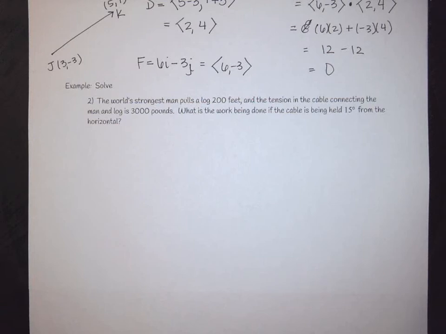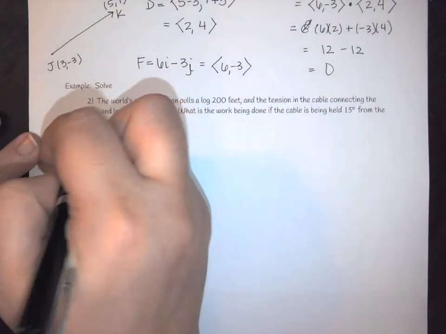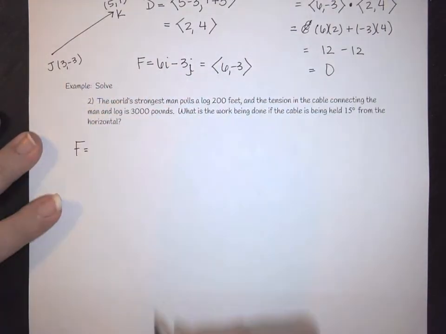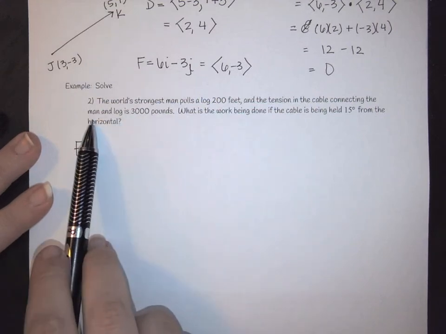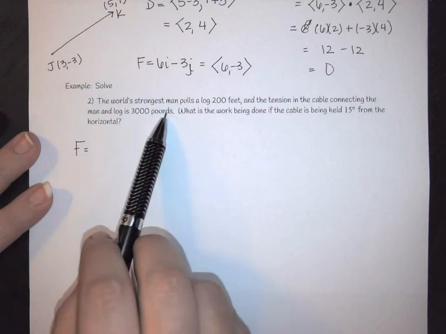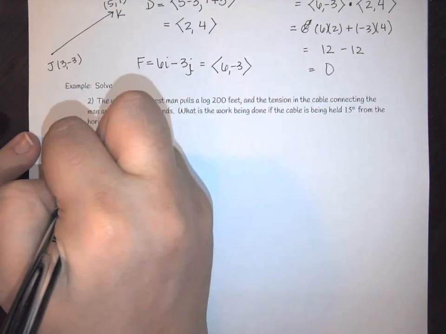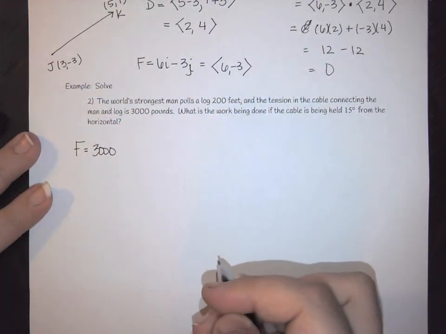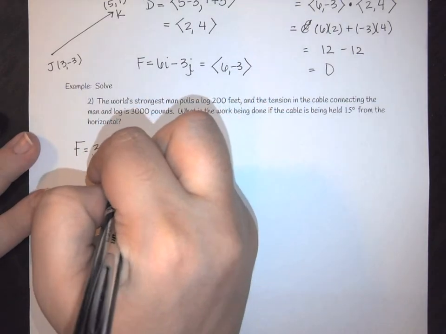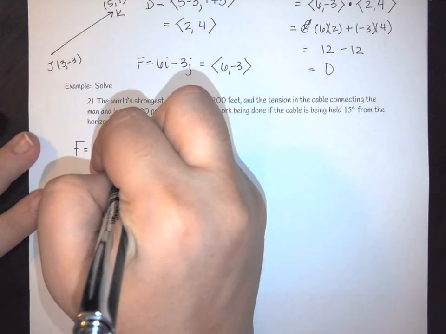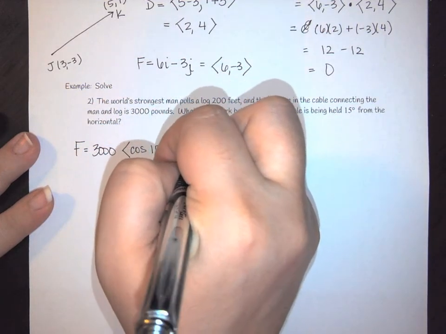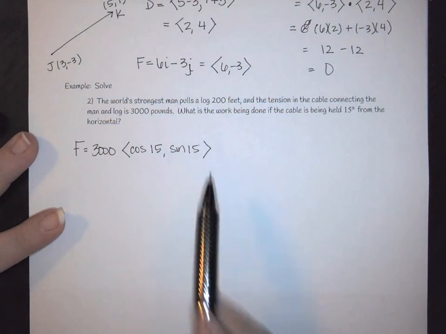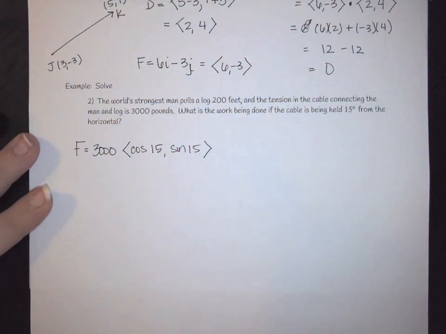One of the things that we know, again, is my force. My force is going to be the tension between the cable and the log, so the 3,000 pounds, and then it's going to be the components of the cosine of my angle and the sine of my angle, since my angle is 15 degrees off the horizontal.